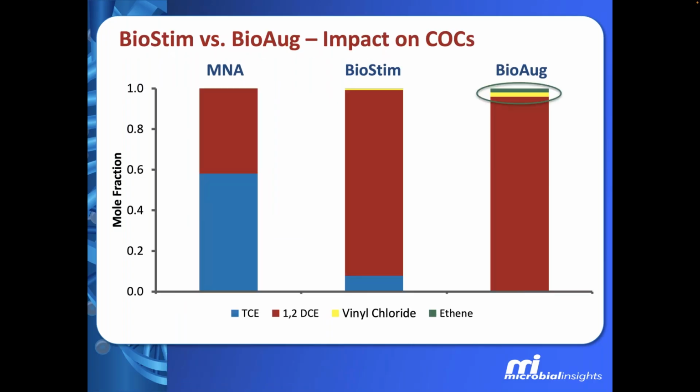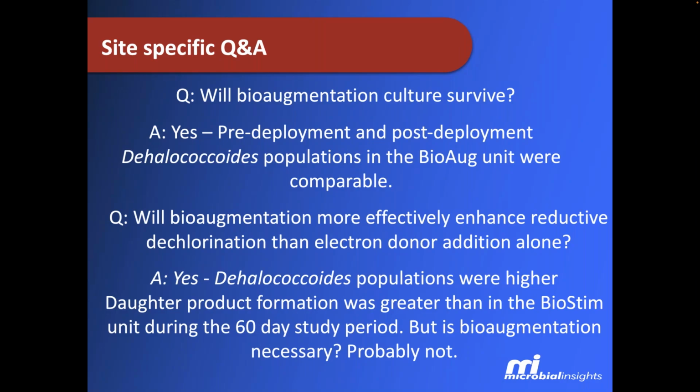If we look at the chemistry, we've already seen the M&A and the biostim, and you look at the bioaugmentation, and you say, yes, there's an increase in the amount of vinyl chloride and the amount of ethene, and TCE is now totally gone. So yes, we're getting improved results, but consider these concentrations down in mole fractions, and you wonder if those results are kind of worth the effort.